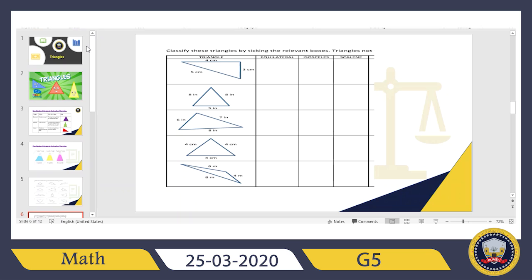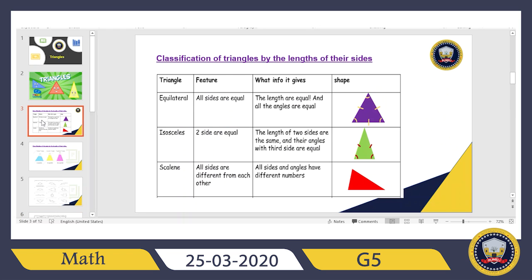Let's start with what we have covered yesterday, which are the triangles, and how we can identify the triangles based on their sides. There are three types, as we said yesterday. The first one is the equilateral triangle, where all the sides of the triangle are equal.